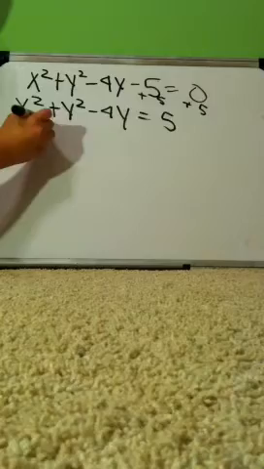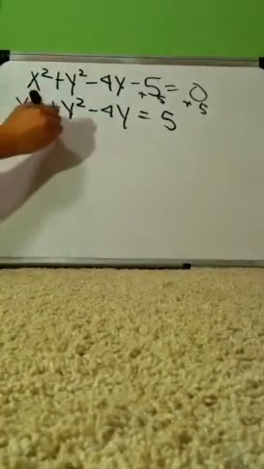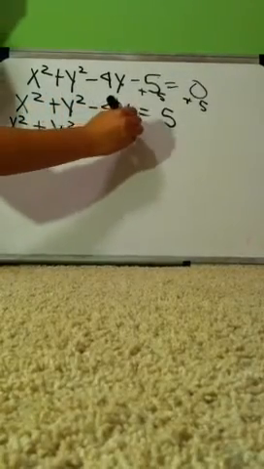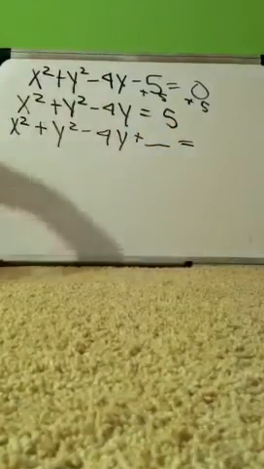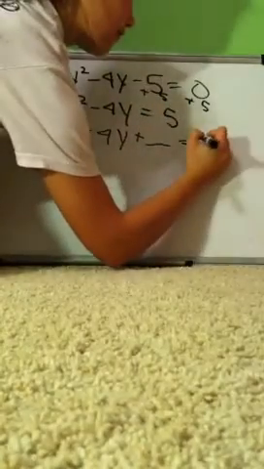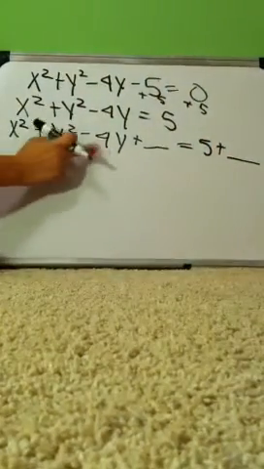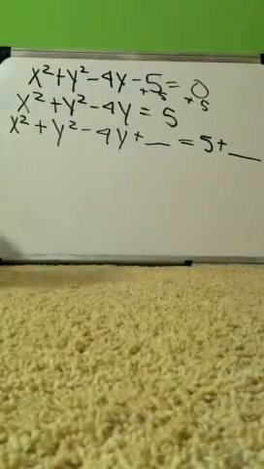Okay, let's complete the square. x squared plus, well, since there's no other x, we just keep it like that. So x squared plus y squared minus 4y plus blank equals 5 plus something. Now we complete the square. Negative 4, half of negative 4 is negative 2. Negative 2 squared is 4.